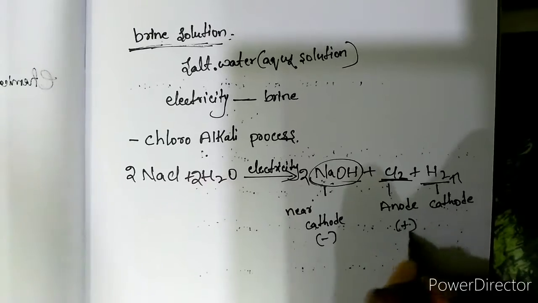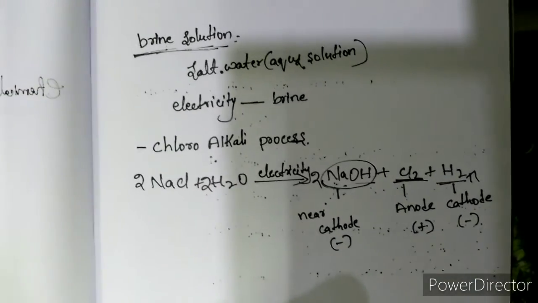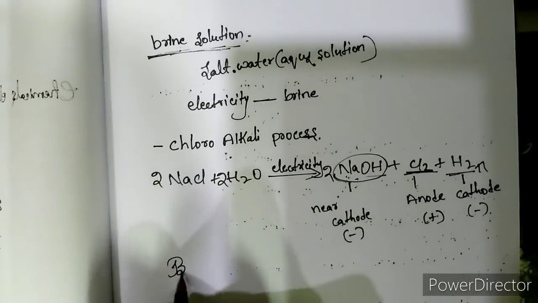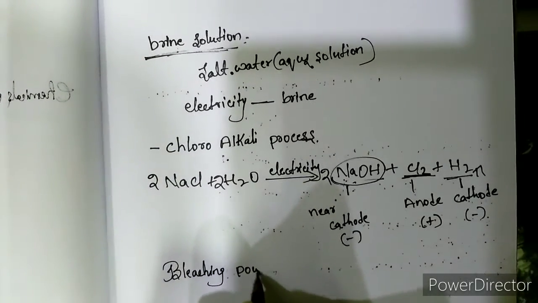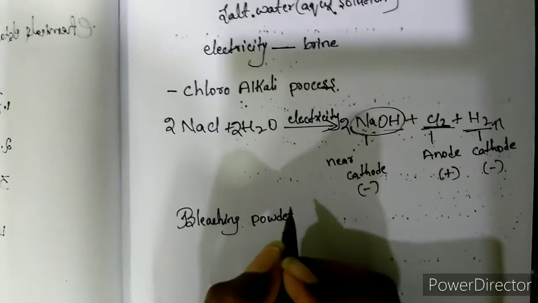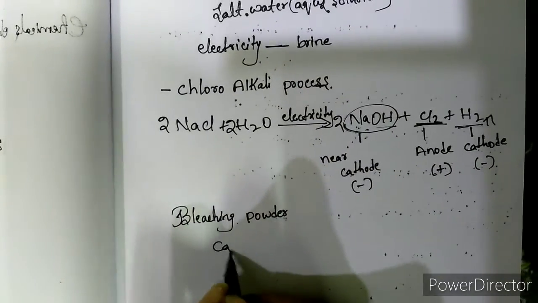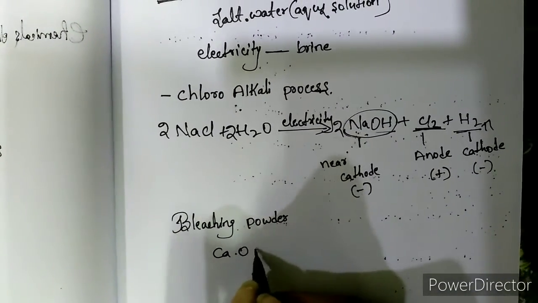Now we will discuss the formation of bleaching powder from common salt. Bleaching powder is nothing but calcium oxychloride.